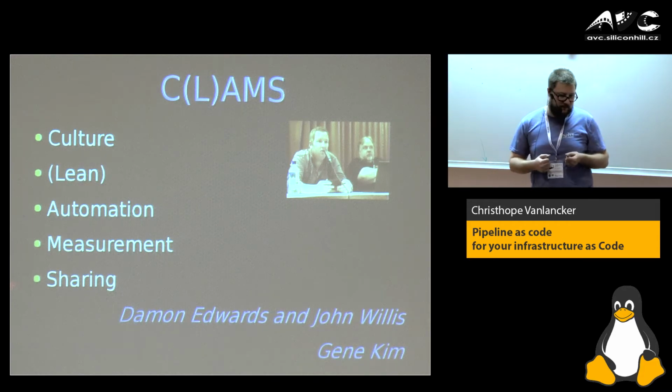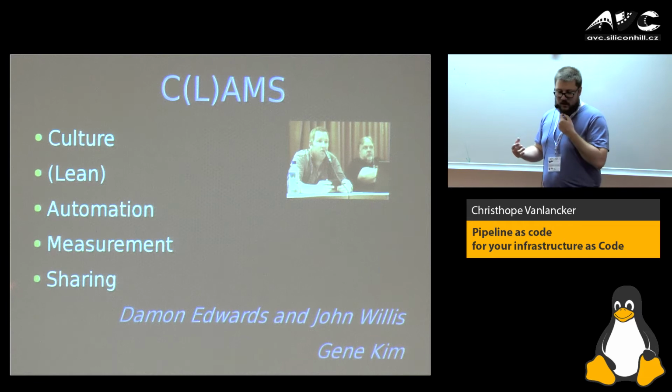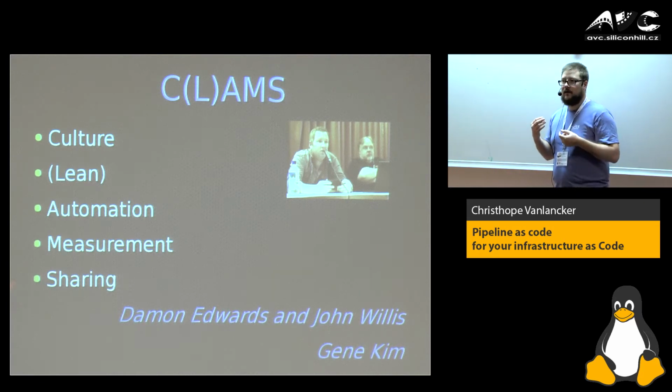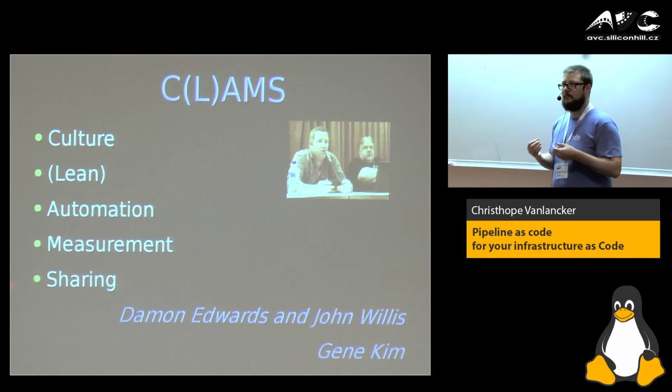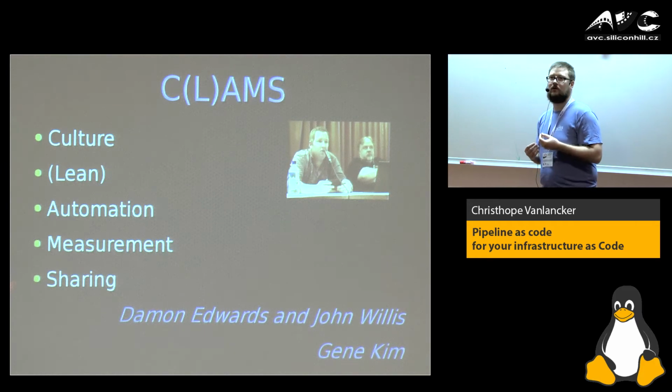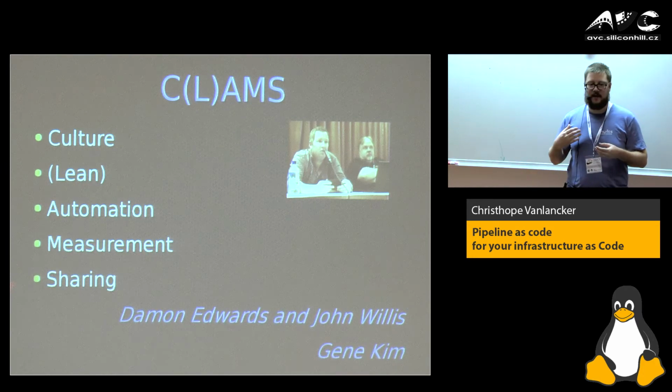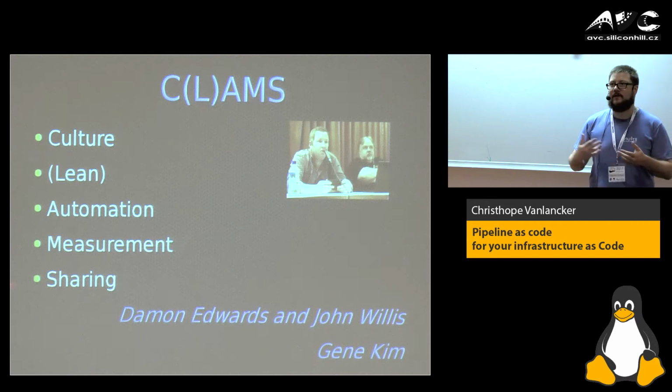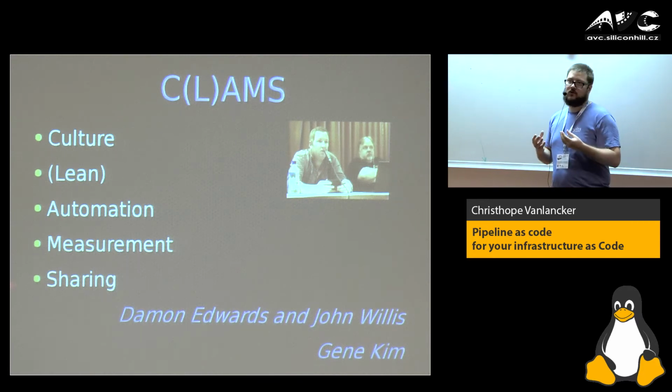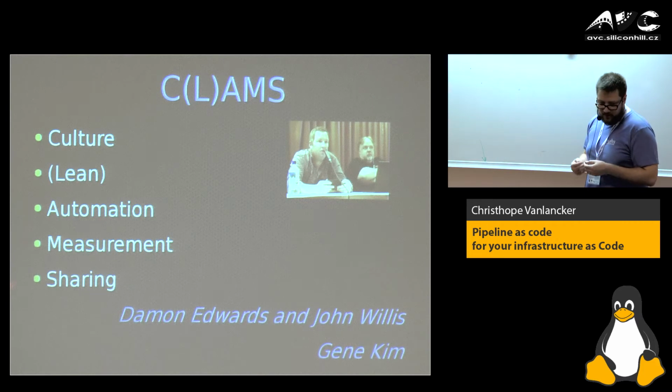And on the other side of the spectrum, ops need to know what developers are building, what the application is going to do, how it's going to behave, so that they can eventually also collaborate and make some adjustments to meet in the middle.